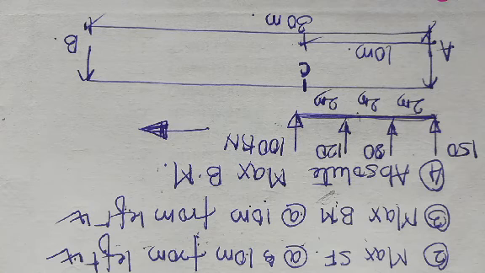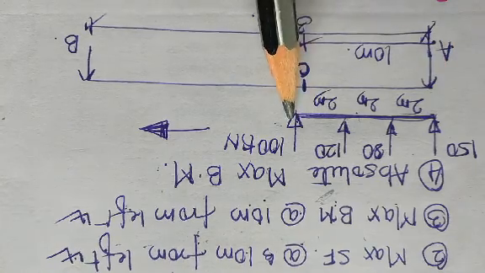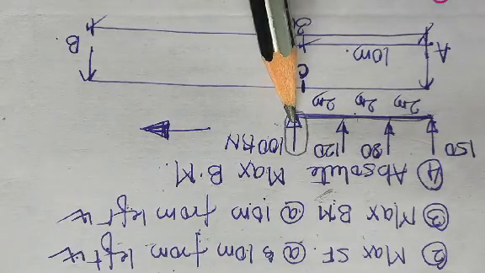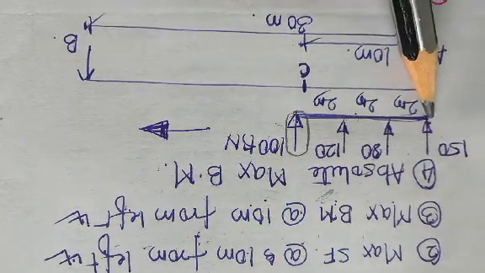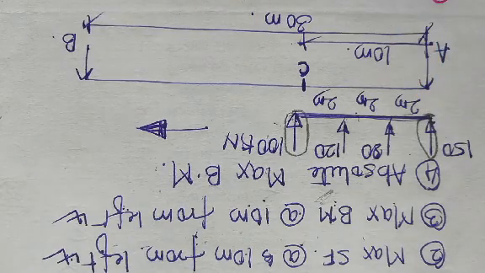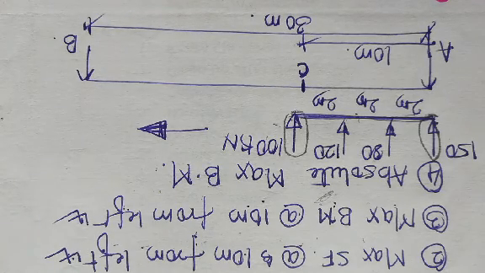When we are calculating for reaction RA, the tail of the load should be on point A. In this diagram, the 100 kilonewton is called the head of the loads, and 150, the last load, is called the tail. In other words, the complete load should be in section AB with the tail at point A.